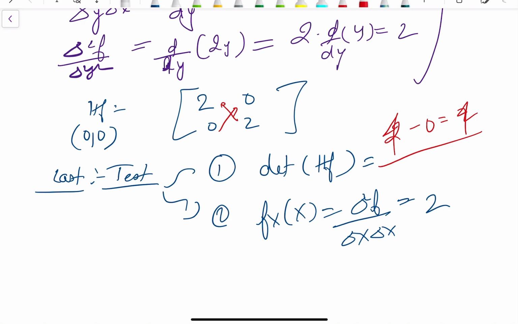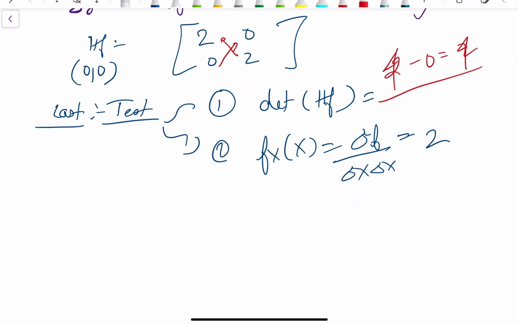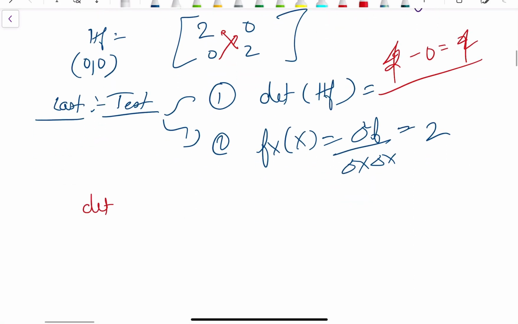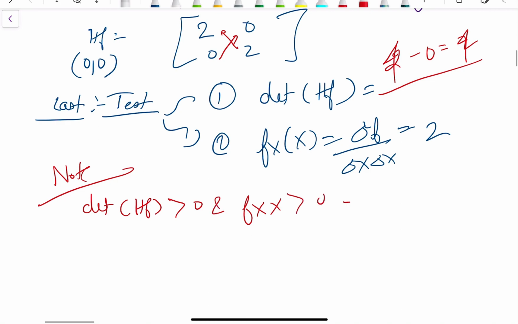Now again, the postulates of how, after computing these, we decide what is maxima, what is minima, and what is a saddle point, we have already discussed. I'll quickly give you a recall. Once you compute these two things, if the determinant of Hessian is greater than 0 and fx of x is also greater than 0, then it is a point of minima.